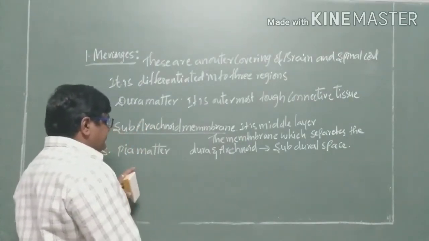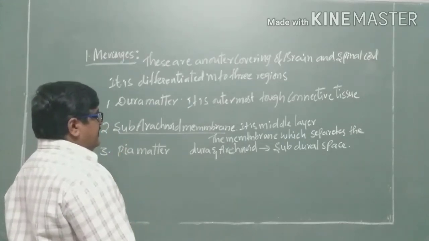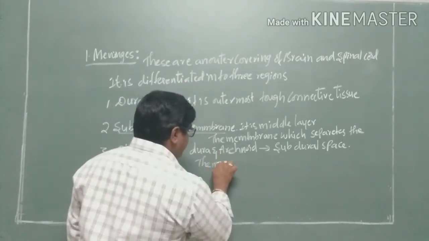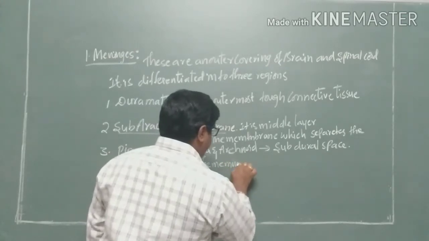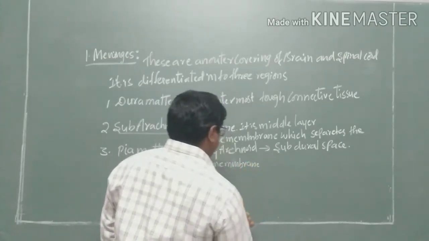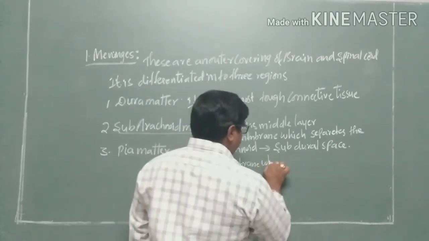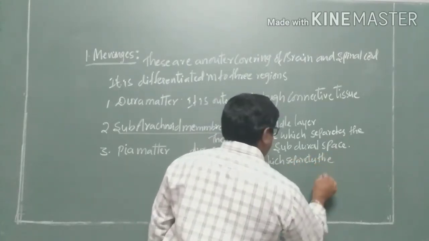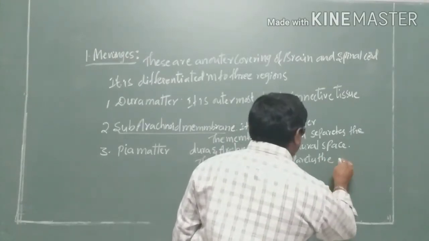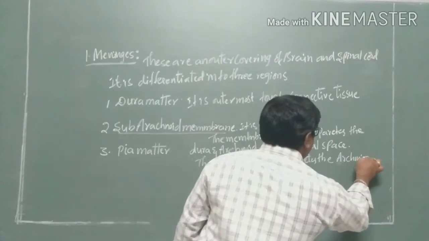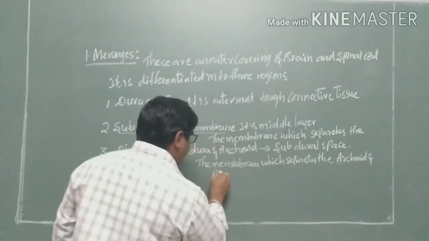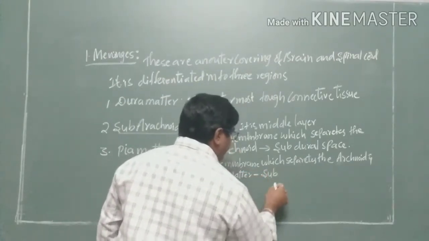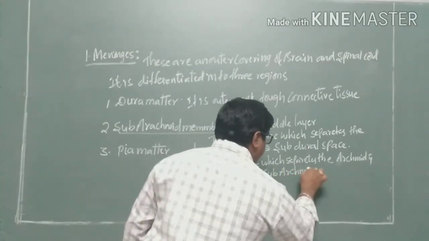And the space which separates the arachnoid membrane and the pia mater is called the subarachnoid space.